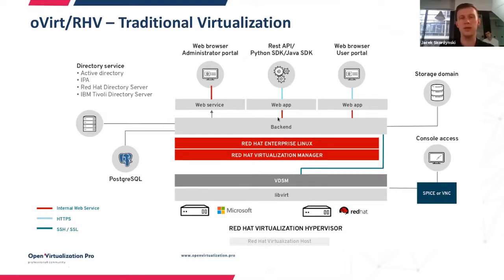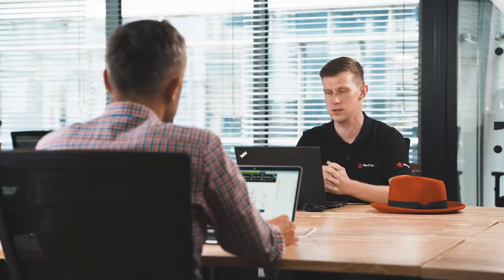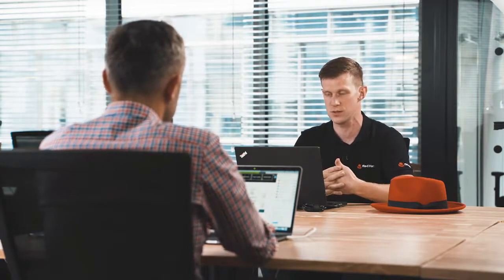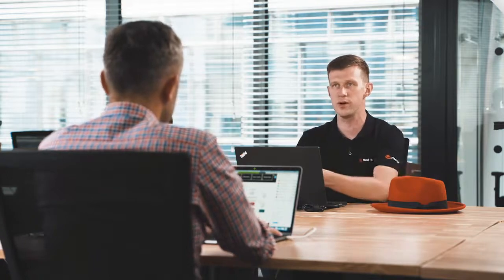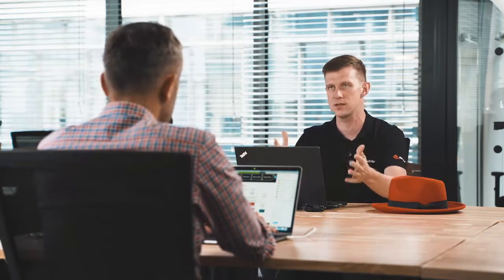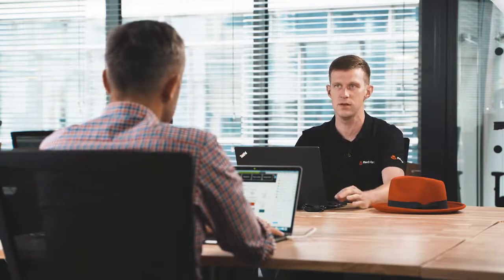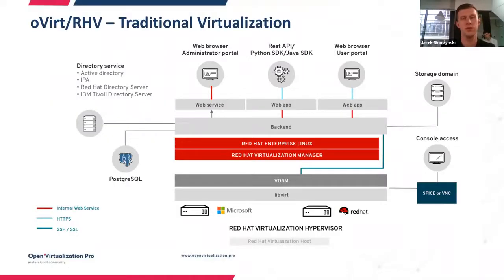Going a little deeper into details, the ground level for Red Hat virtualization is KVM. It's Linux, basically, with KVM as the engine for virtualization. For those of you who already know KVM, the basics are there, and you already know the ground level for Red Hat virtualization.